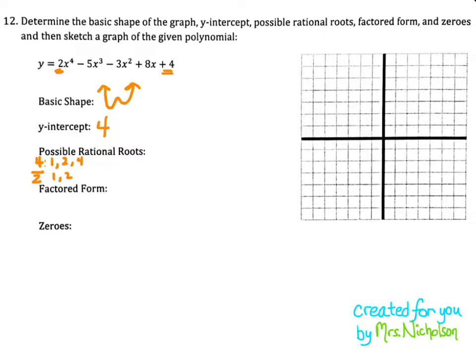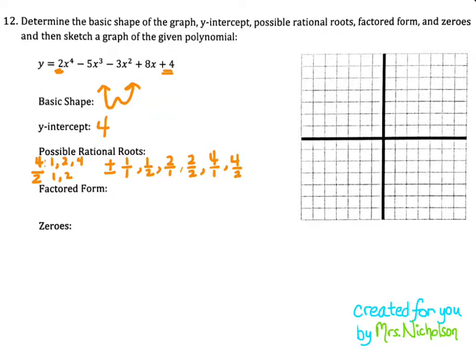So my possible rational roots would be all the possible fractions or rational numbers that I could make out of those factors. So we are going to consider plus or minus, could be positive or negative, 1 over 1, 1 over 2, 2 over 1, 2 over 2, 4 over 1, and 4 over 2. Those are all of my possibilities.